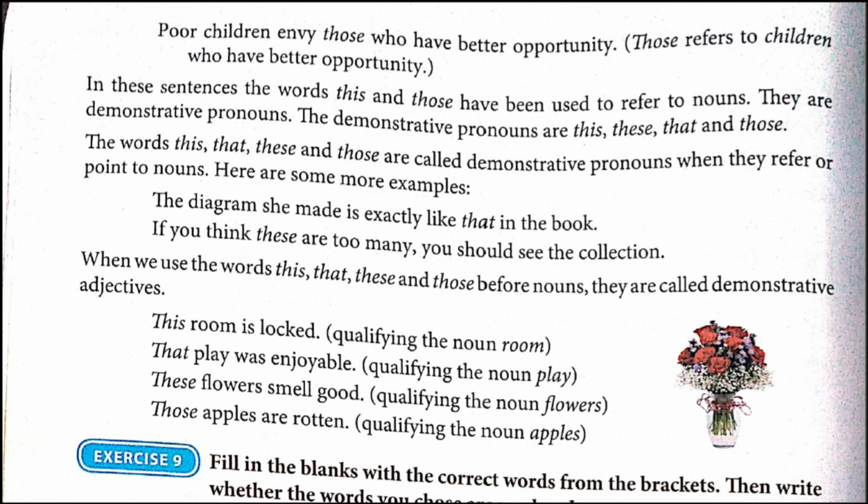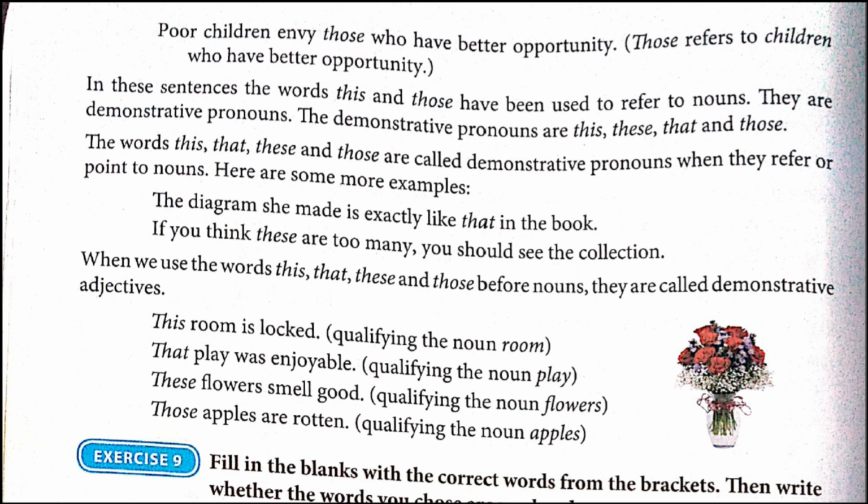The diagram she made is exactly like that in the book. What is the demonstrative pronoun over here? That. Next, if you think these are too many, you should see the collection. If they are asking only for demonstrative pronouns, then you will only underline these.